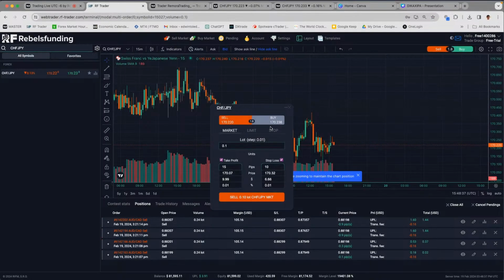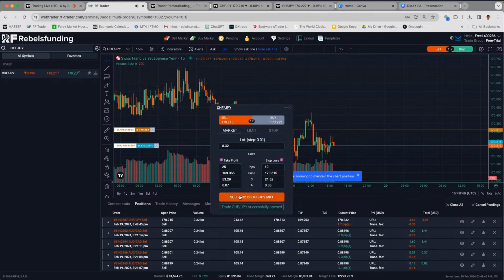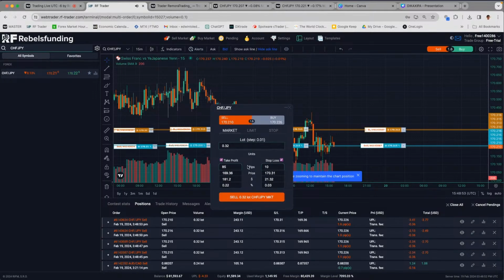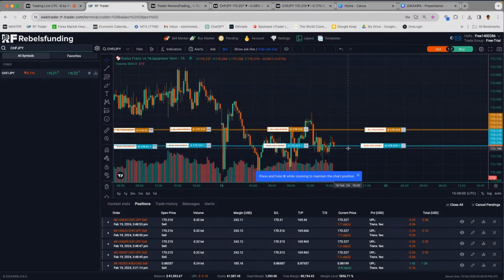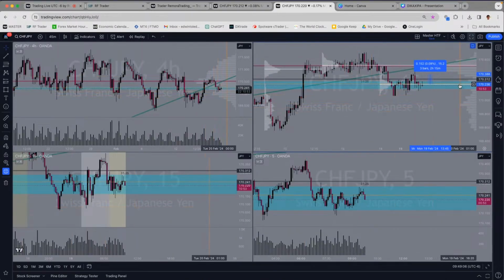0.32. Okay, and I think we want our stop loss 173.12.